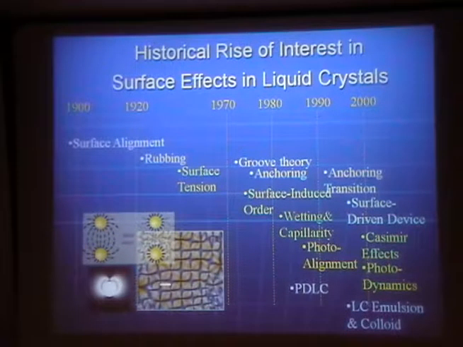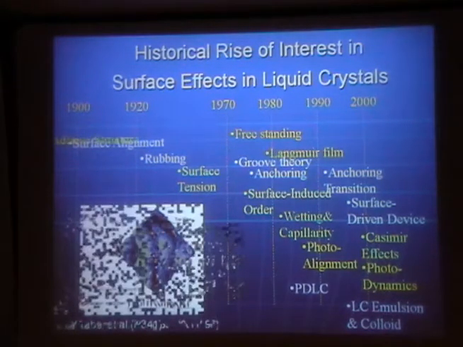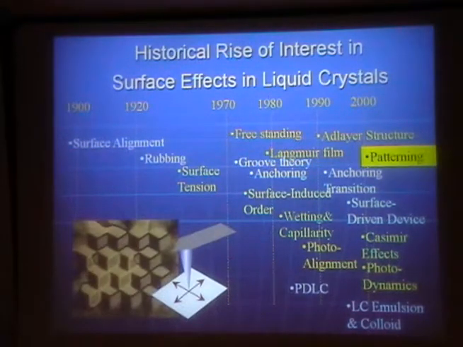And the core thing is also surface sensitivity. Many liquid crystals, including nematics, smectics, and cholesterics, are all very sensitive to surface conditions. So patterning came around somewhere around 2000.